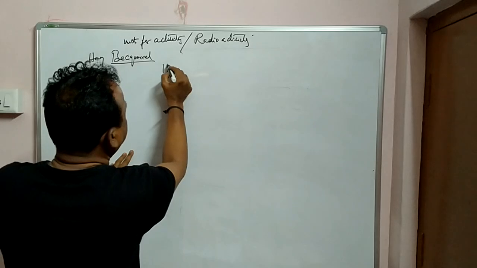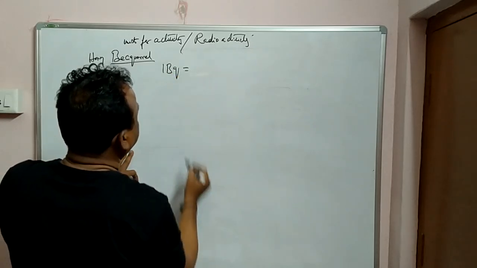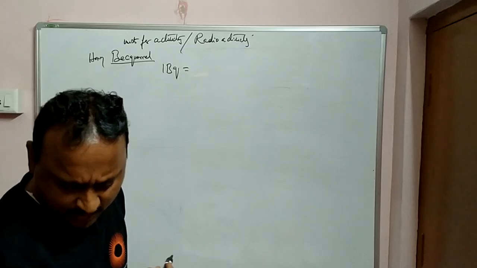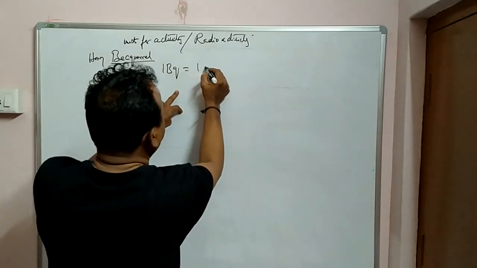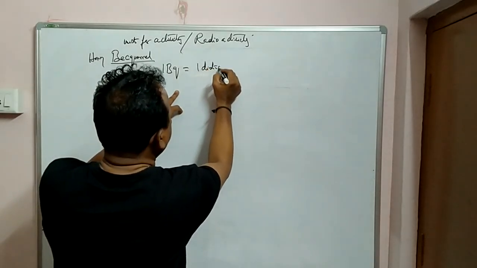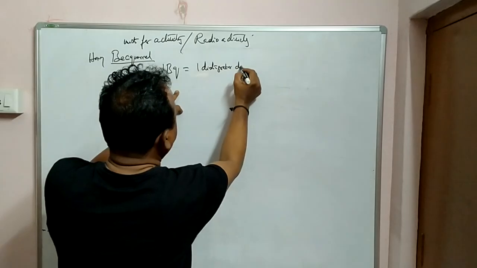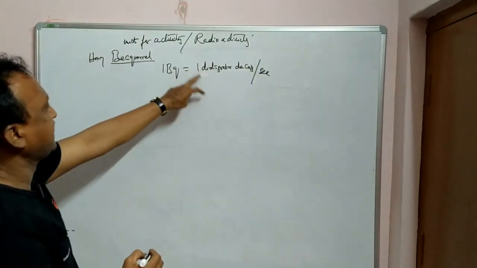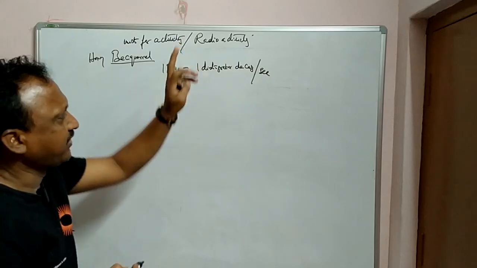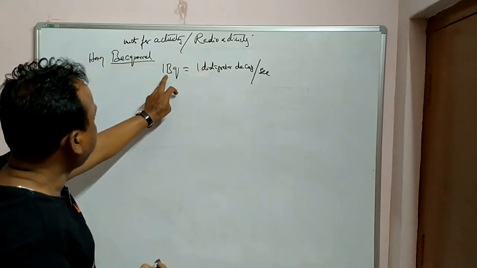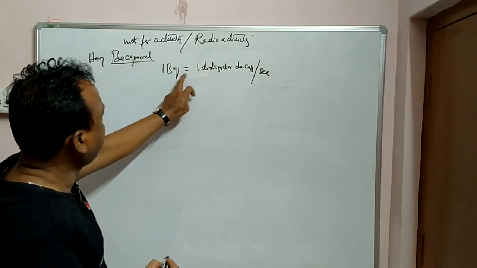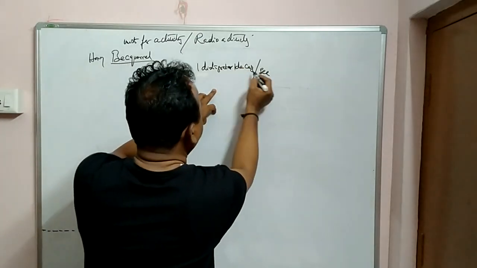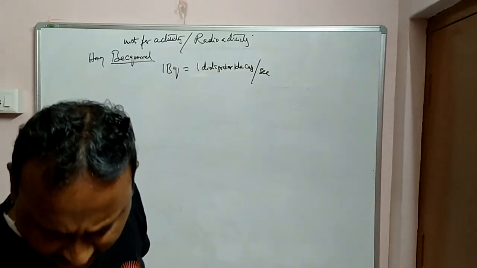So 1 becquerel is taken as 1 disintegration per second or 1 decay per second. This is the standard unit of activity or radioactivity. Generally it is measured as becquerel. 1 becquerel is equal to 1 disintegration or 1 decay per second.